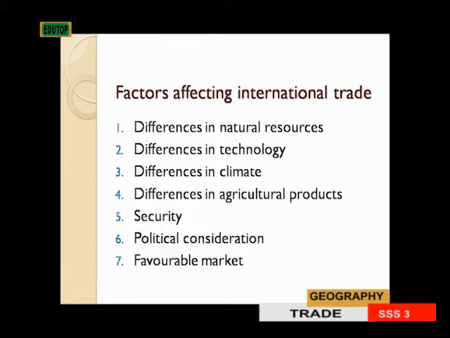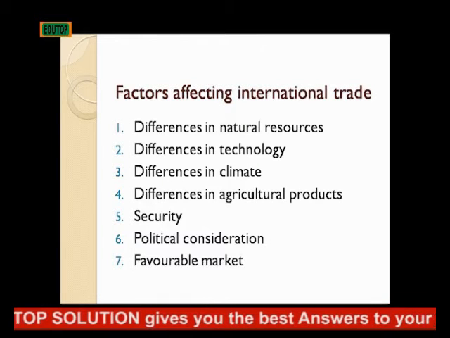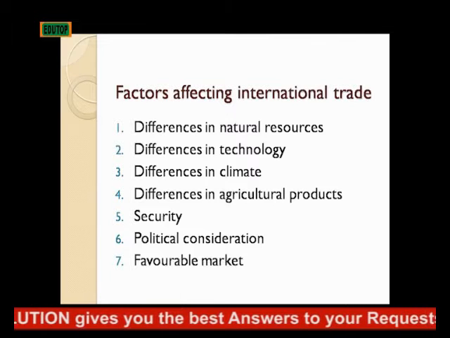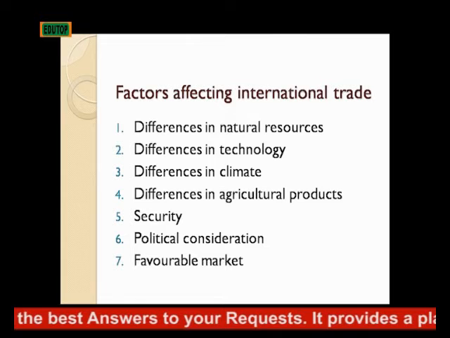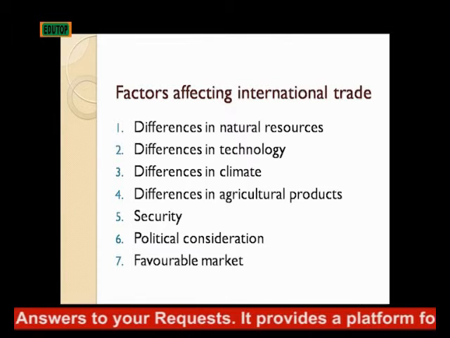And as such, I'll make use of it, and you make use of it. So there will be no need to exchange or to produce what I have and bring to you, because you already have it in your area. So differences in natural resources also affect international trade. In this case, it encourages international trade.